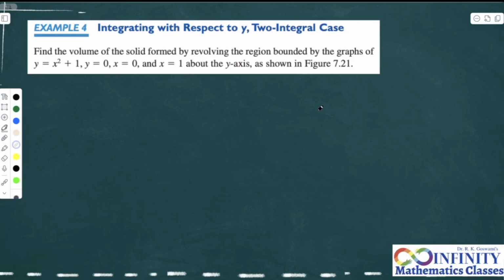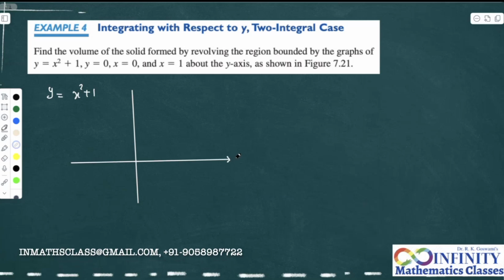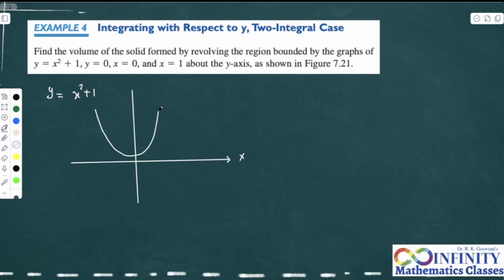So, let us try to focus on this. You need to draw the graph first. Let me try to draw. There is a curve y equals x square plus 1. It is going to be a parabolic shape, because x square is a parabola.